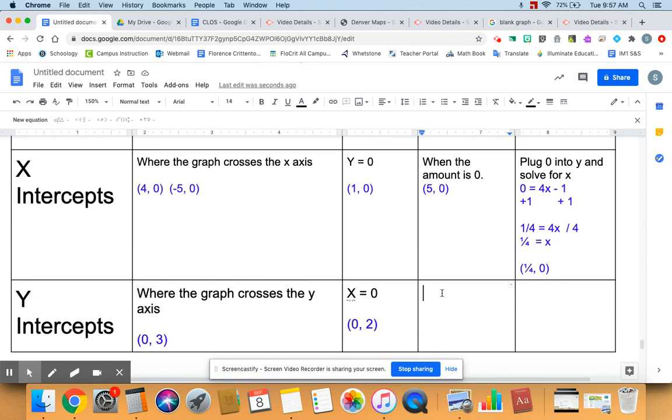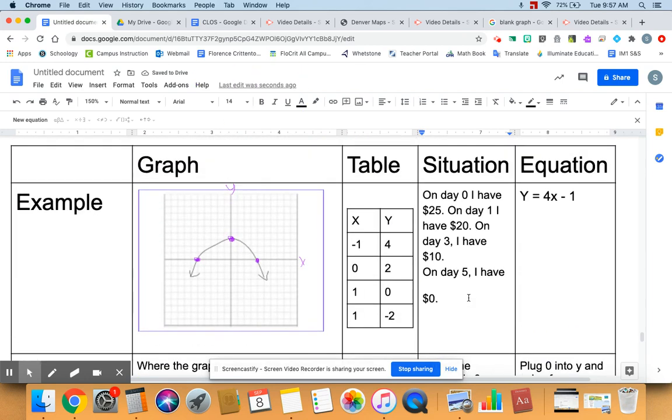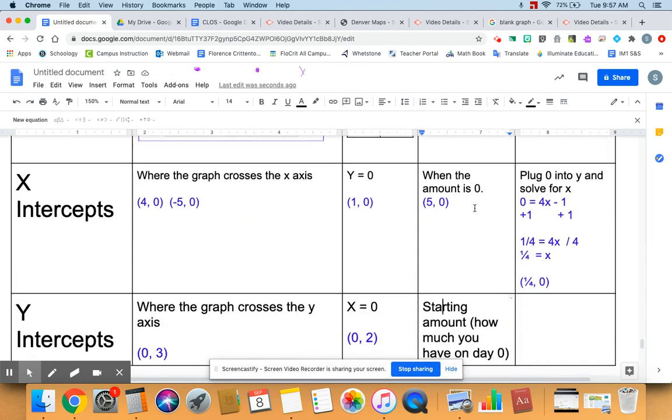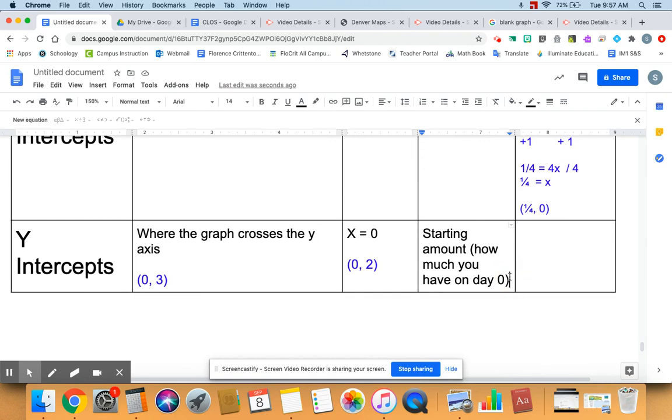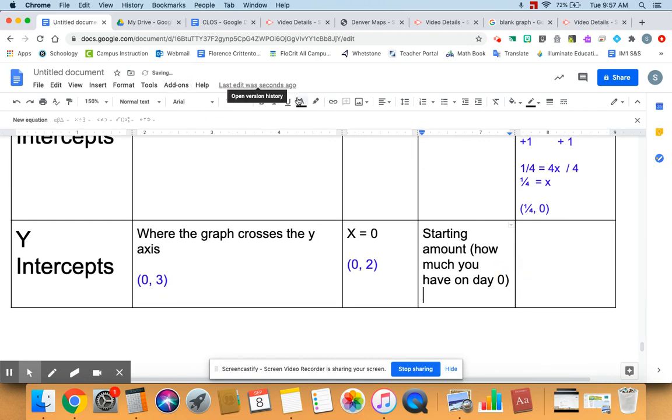So y-intercepts are the starting amounts, or how much you have on day 0, meaning no days have passed. So in our situation up here, it said on day 0, I had 25. So my y-intercept would be (0, 25).